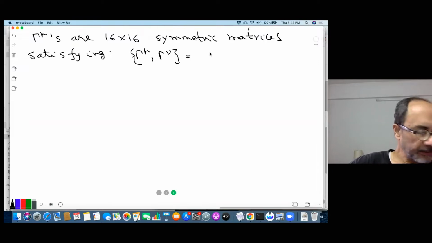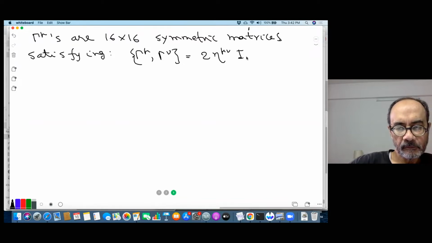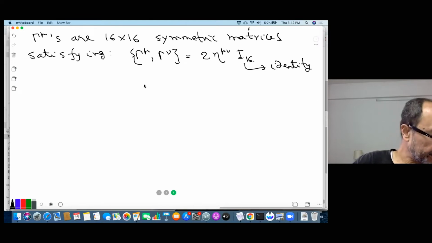This is the anti-commutator. So this is the identity matrix. This is probably familiar. These are 10-dimensional gamma matrices.